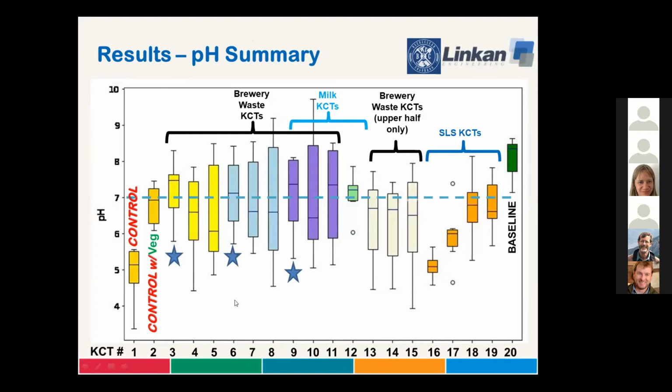Again, this is indicative of maybe doing too much. But we're also seeing that when we first started up, the pH took several months to get up to some circumneutral values. So the biological activity didn't happen overnight. We had to be patient before it finally kicked in.